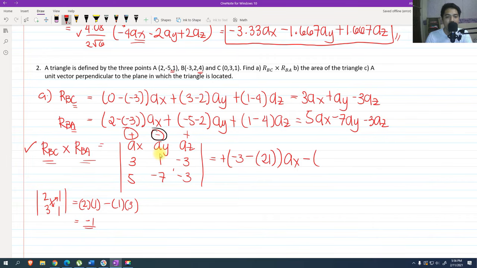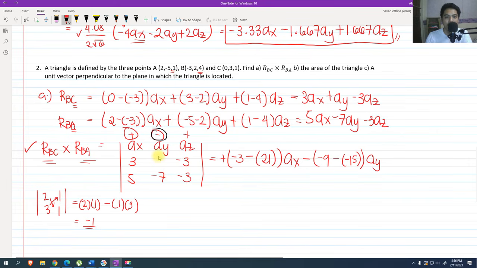So we have 3 times negative 3, that would be negative 9, minus the product of the other diagonal, which is 5 and negative 3. So in that case, that's negative 15. Negative 3 times 5 is negative 15. That's the A_y.